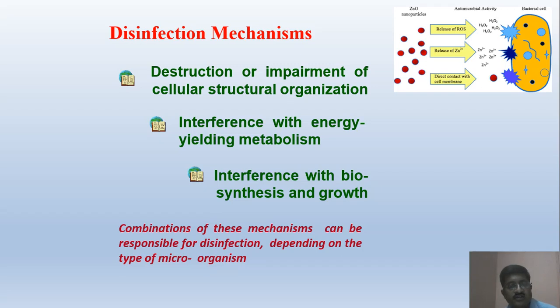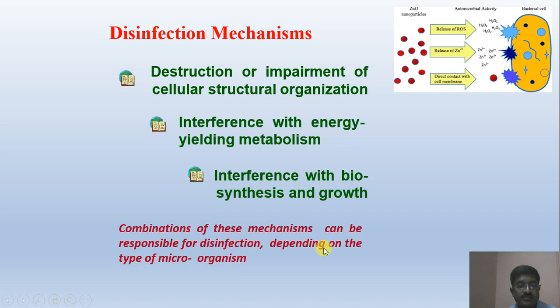Now, further discussing the mechanism: destruction and impairment of the cellular structure of the organism. For any disinfection mechanism, we have to understand the cellular structure and how we can destroy it. They interfere with energy-yielding metabolism and with the biosynthesis and growth of the bacteria, so we have to understand what type of bacteria are present in the water.